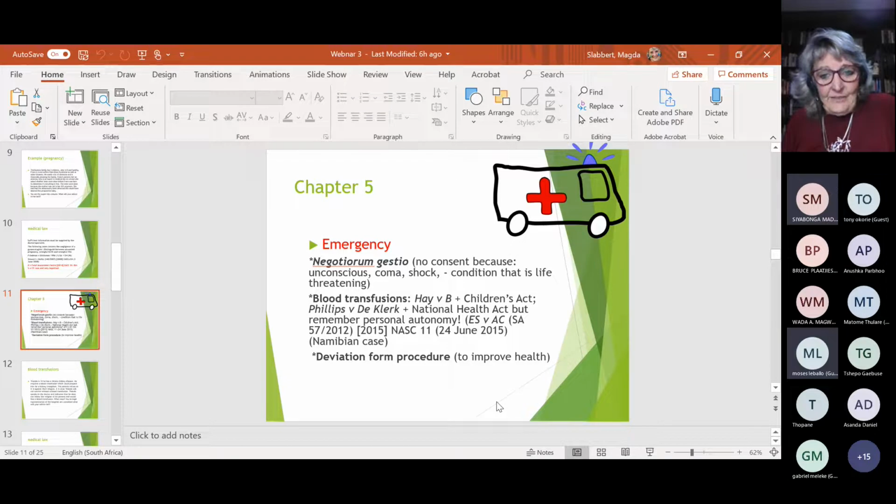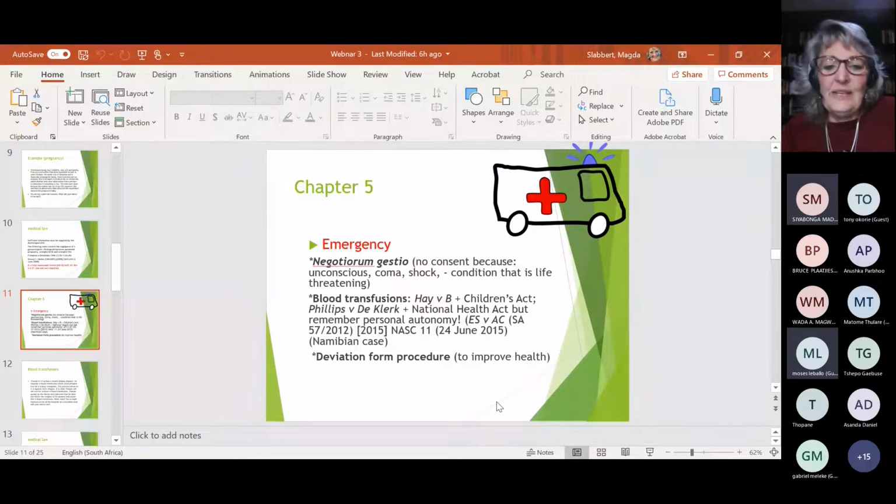The Children's Act has now changed the position, and the doctor can overrule the parents if it's in the best interest of the child. So just remember that if it's in the best interest of the child, the doctor can overrule the parents according to the Children's Act, and he or she need not go and get a court order anymore.